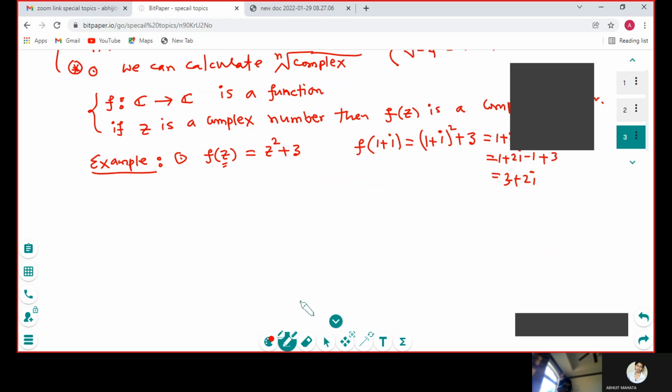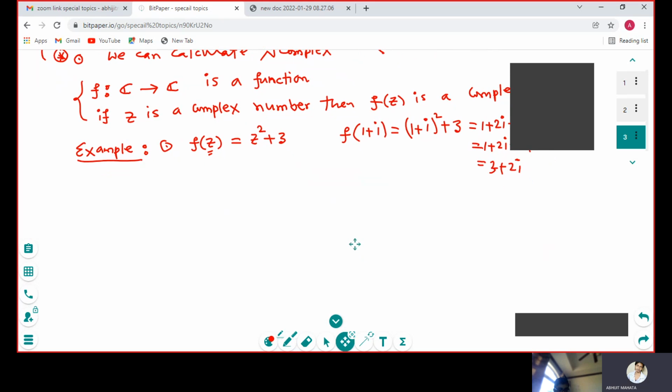So we will deal with complex numbers. The domain is a complex number, and the codomain will also be a complex number. Since we deal with complex numbers, let me tell you about the complex number here. As you know, any complex number you can think of as a point on the xy plane, right?